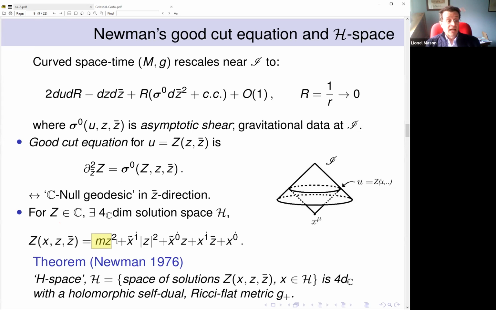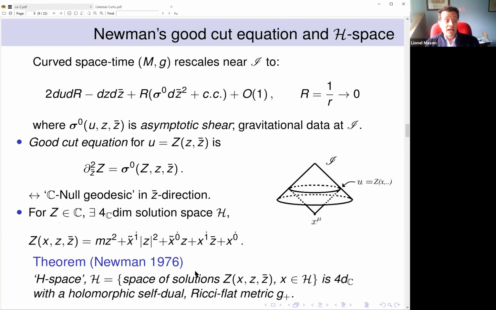And the way I like to put it is to say that we have these, these are kind of somehow coordinates, and then this M here is a perturbation. So this M is uniquely prescribed, uniquely defined, given these four coordinates.